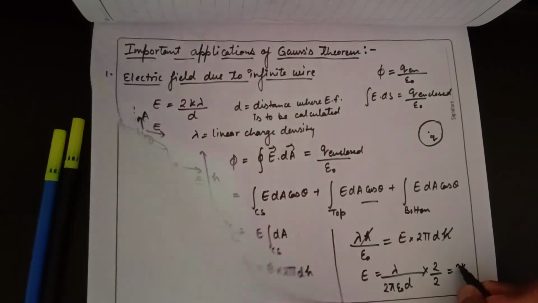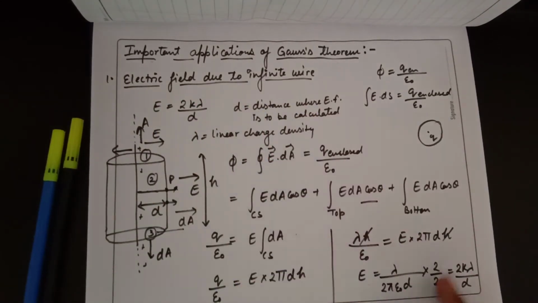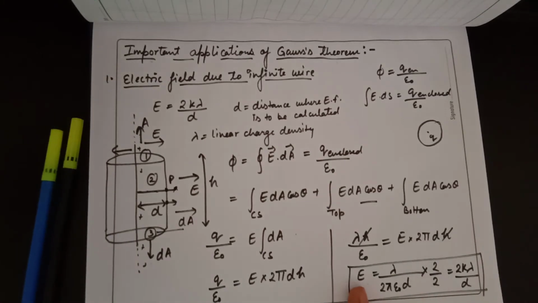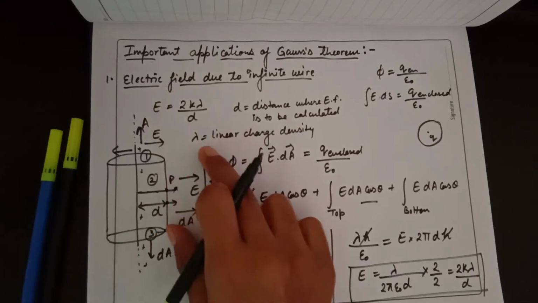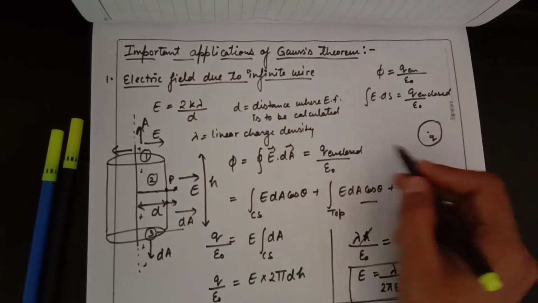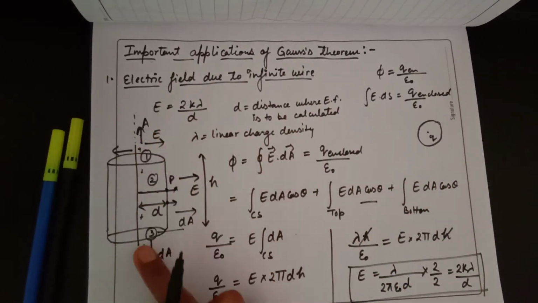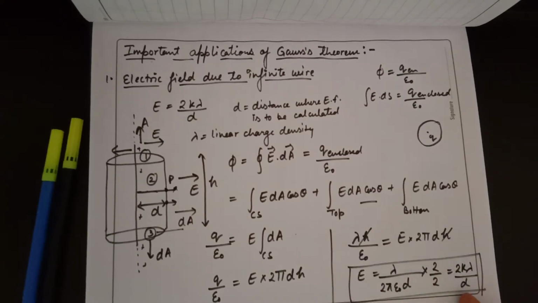And in the numerator I have 2 and lambda also, and in the denominator I will get D. So by applying Gaussian theorem, I have calculated E as 2k lambda upon D. So if I calculate E from the formula E is equal to 1 upon 4 pi epsilon naught Q divided by R square, or I calculate it by using Gaussian theorem, I will get the same answer, that is 2k lambda upon D.